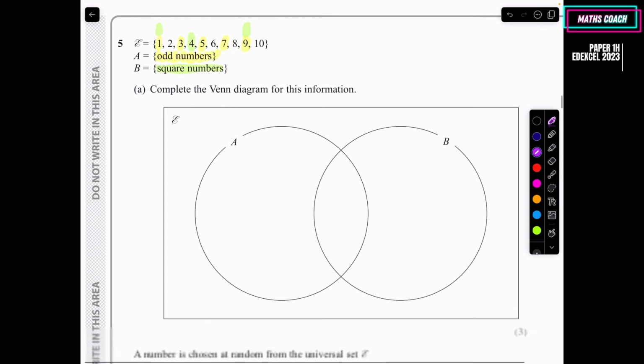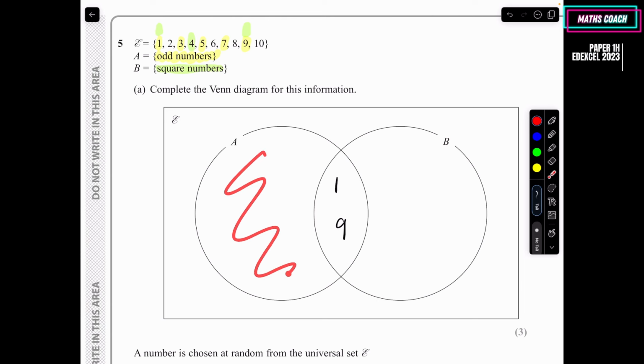All right, let's start with the ones that got the 2 colors on top, the green and the yellow. So that is 1 in here and 9. So 1 and 9 will go inside that intersection part. Now in here will go numbers which are only odd numbers and that are not in here already. Okay, so what do we have?